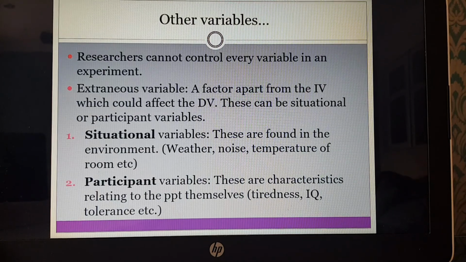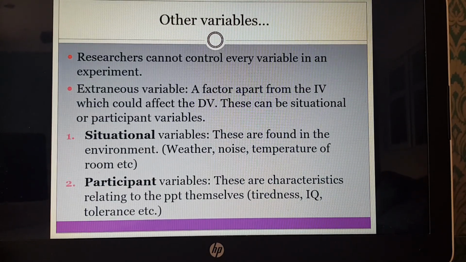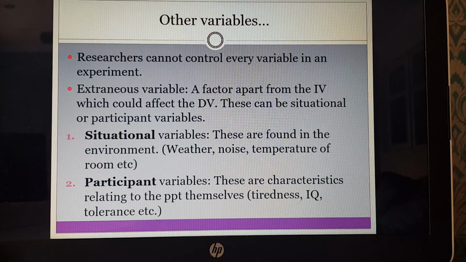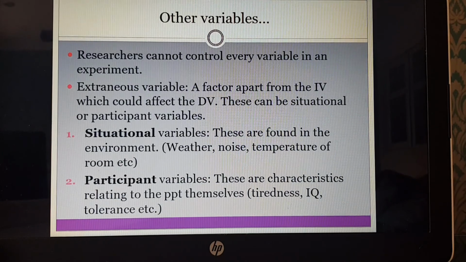Whereas participant variables are characteristics that relate to the participant themselves. So tiredness, concentration, their IQ levels, their level of tolerance if it's an alcohol experiment. Those are more to do with the participant themselves.